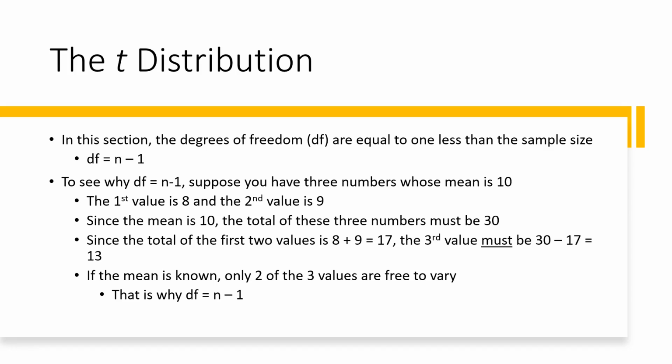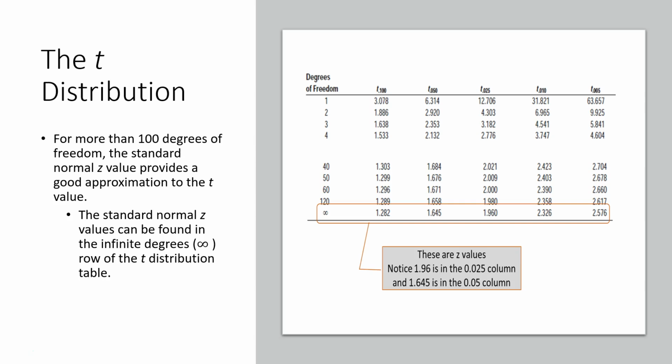And I already know that I've got 8 and 9, and 8 plus 9 is 17. So therefore, my last value has to be 13. So in this case, if I know the mean, I only need to know 2 of the 3 values to figure out what's going on with my data.